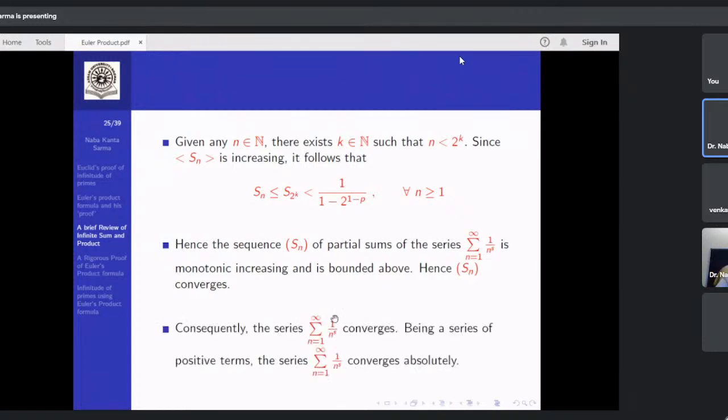So this series converges for s greater than 1. Since this is a series of positive terms, it is actually absolutely convergent. Absolutely convergent means that after putting modulus, it should remain convergent. But since the terms are positive, putting modulus or not is the same thing. So even though the harmonic series is not convergent, after putting a variable s which is bigger than 1, this has become convergent.